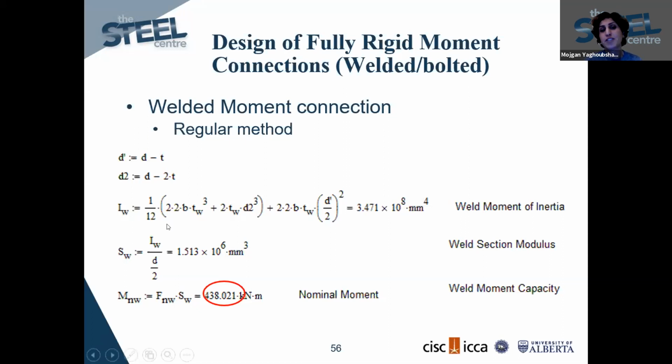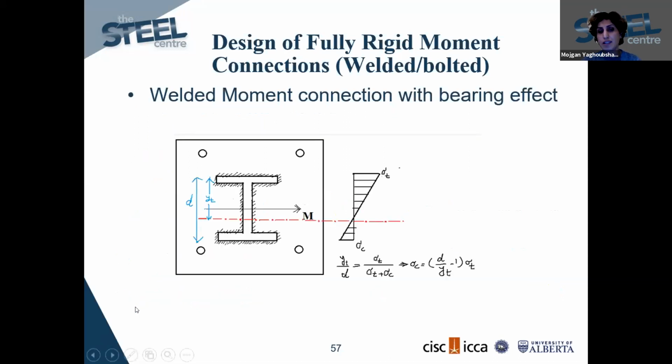We only calculate the section properties of the weld, and this is how we calculate the welded connection capacity. But if we want to take that bearing effect into our formulation, we can count on the W shape in compression as well.